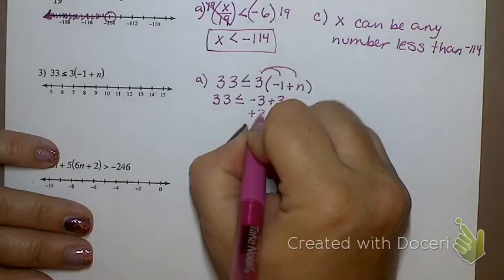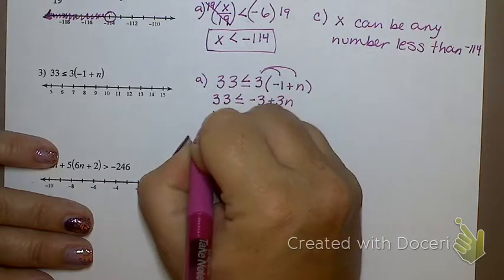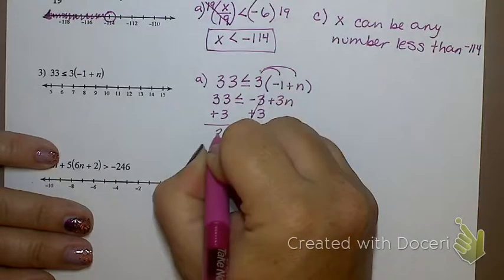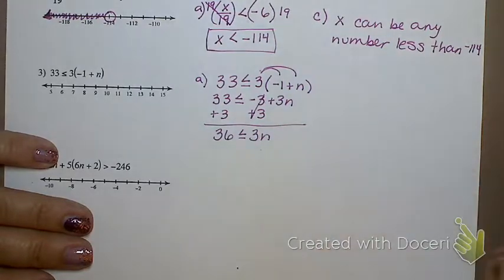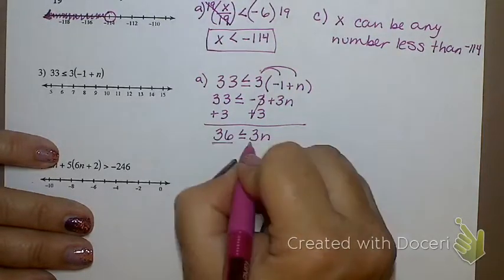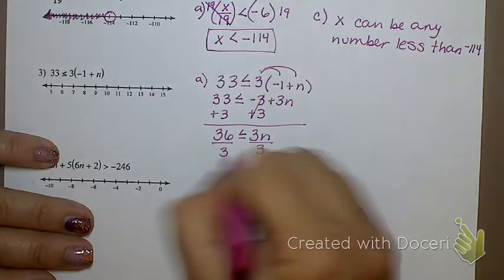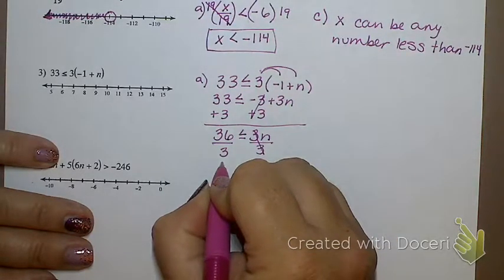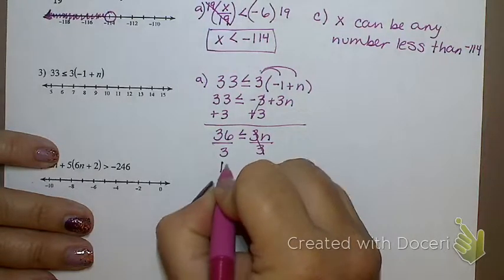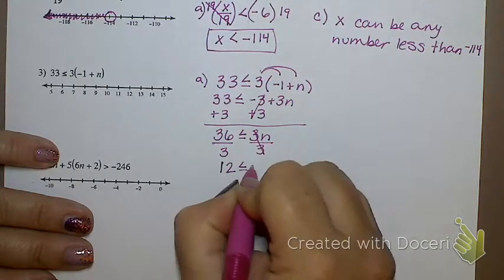Add 3. So 36 is less than or equal to 3n. Now what? And 36 divided by 3 is 12. So 12 is less than or equal to n.